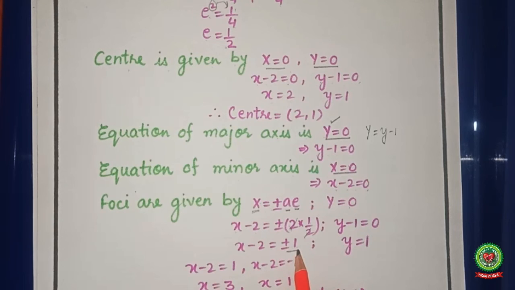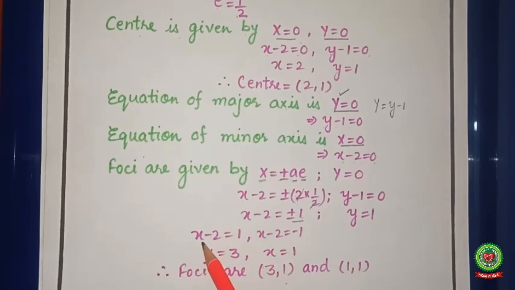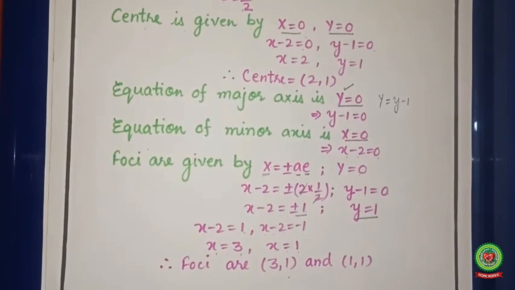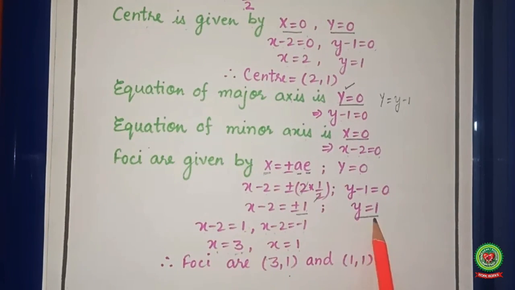We will consider both the signs. First case is when x minus 2 is equal to 1 and second when x minus 2 is equal to minus 1, because in case of ellipse we have two foci. So from here x is equal to 3 and here x is equal to 1. Similarly for y, when you substitute the value, we get y minus 1 equal to 0. So from here y is equal to 1. So the two foci are firstly (3, 1), secondly (1, 1).